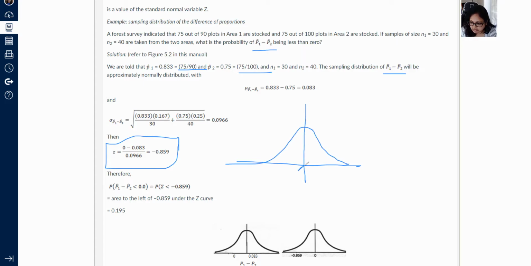After we found the Z value, you can see that the Z value is somewhere, so this is the mean, and somewhere maybe negative 0.859 here. That's the z value. So we need to find what is the probability under this curve. To find the probability, you can go to the z table, just like I showed you before, and you can find that probability is about 0.2% or 0.2.